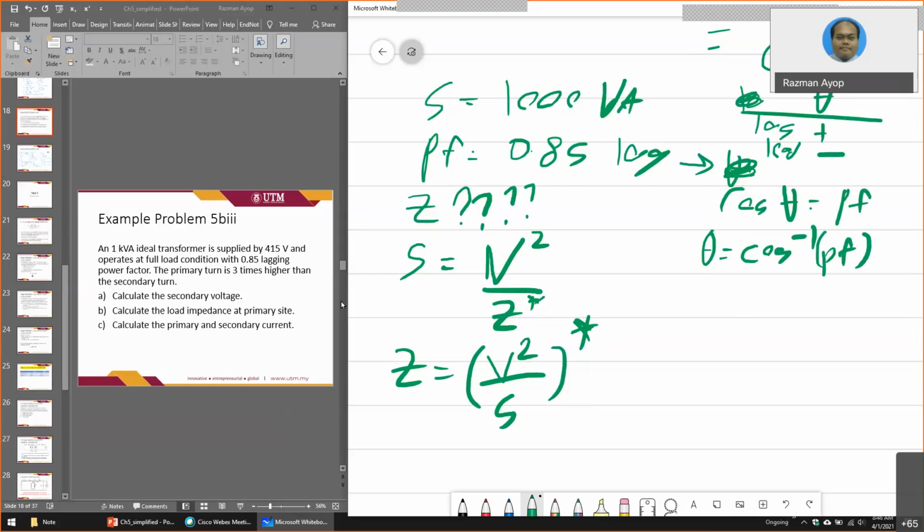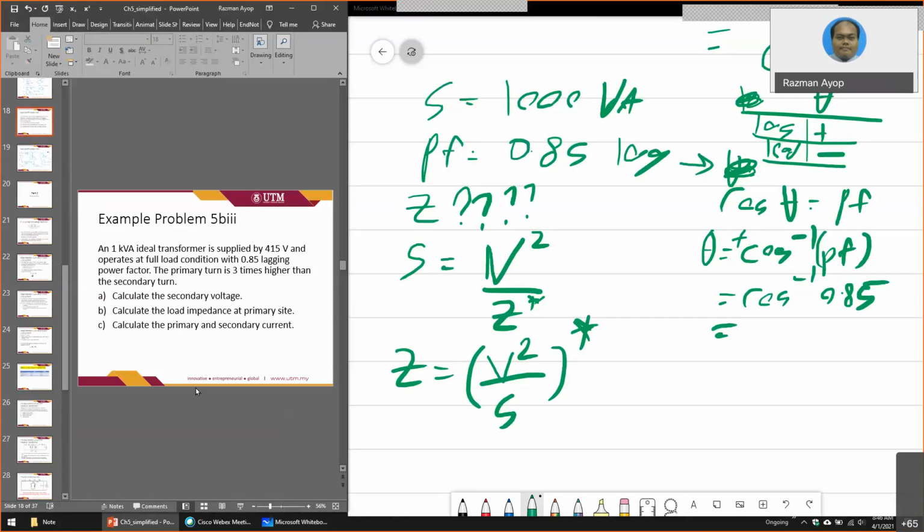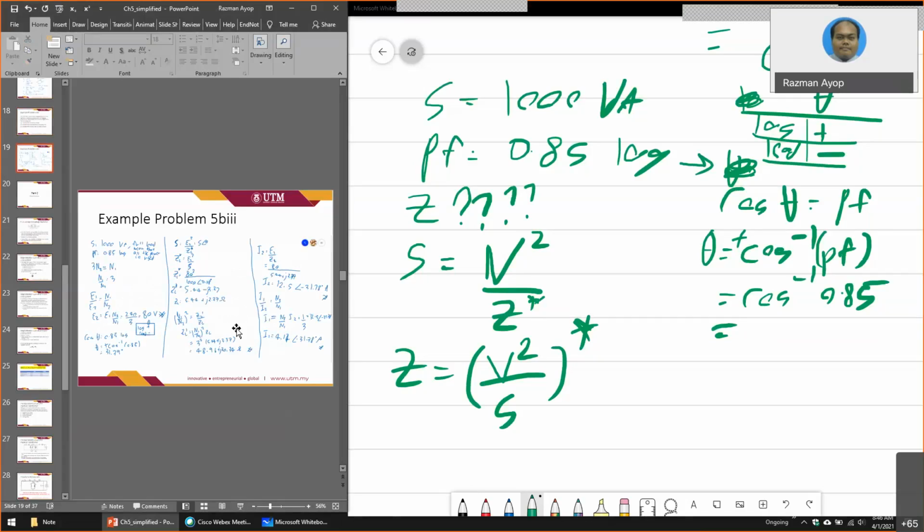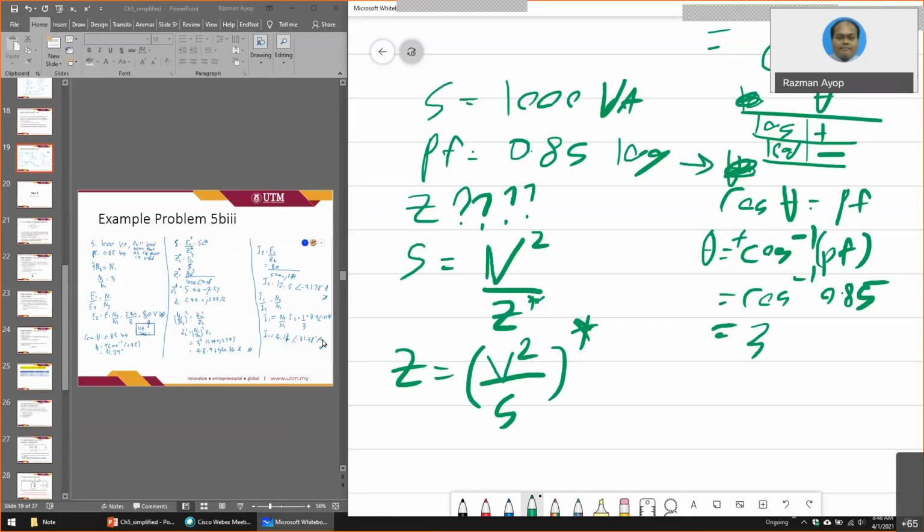So this is positive, because this is lagging. Make sure you know. So lag is positive, lead is negative, the theta. So theta is cos inverse 0.85. So the answer is 31.79.